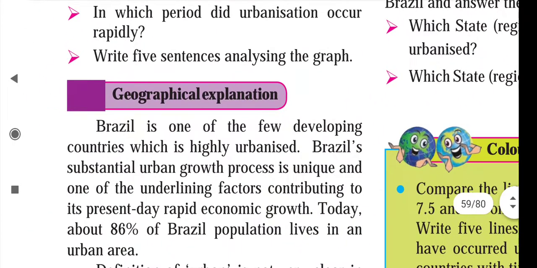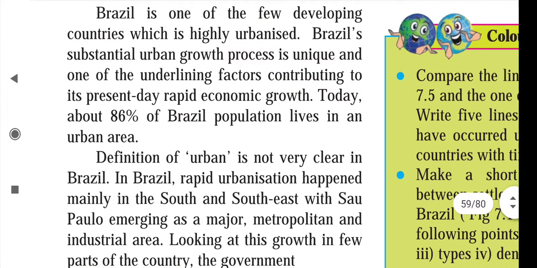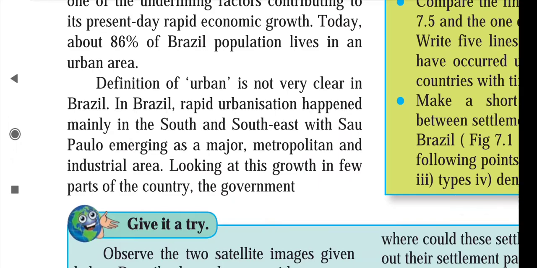So students, it is said that in Brazil the definition of urbanization is not clear, because we find the population concentrated in the south and southeast region, especially Sao Paulo. That is a very urbanized and very populated state, because in the south and southeast the concentration of urbanization and population is more.